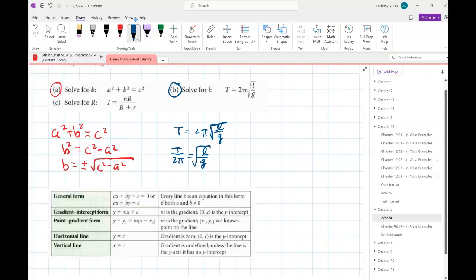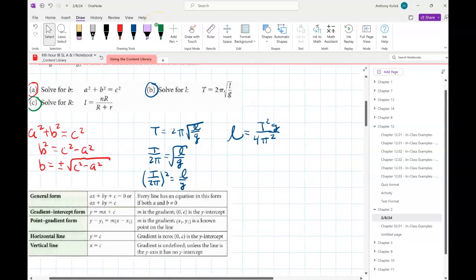Square both sides. And then last would be to multiply by G. Now, what if I write it this way? Are you okay with how I got to there? Okay.